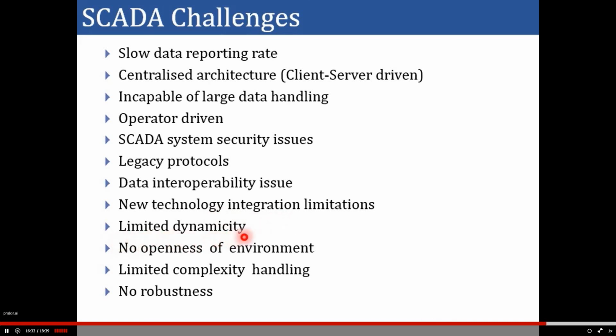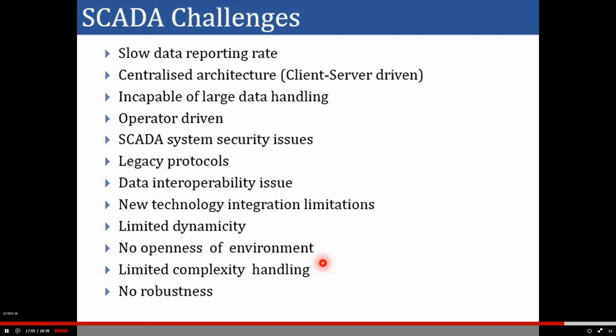We have limited dynamicity in the SCADA system because it is not flexible enough to add any new feature or function, because it is not based on any dynamic architecture of information technology. It doesn't have any openness of environment. That means that we cannot deploy that SCADA system on any software environment.